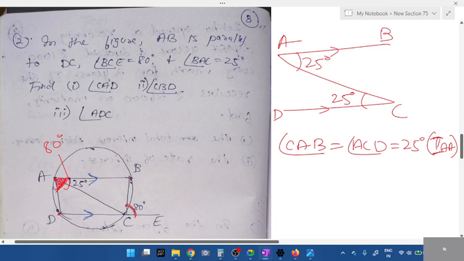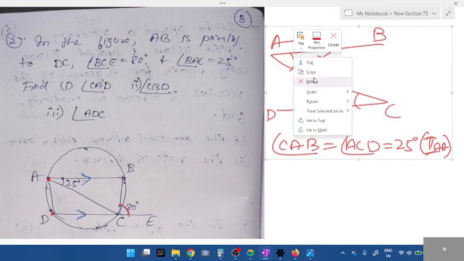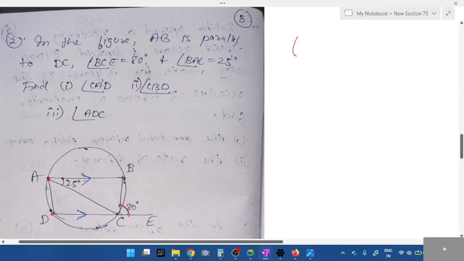They have asked only CAD. So this I just gave as an example for angle C. We'll start with this. Concentrate here. BCE exterior is equal to interior angle DAC, right?